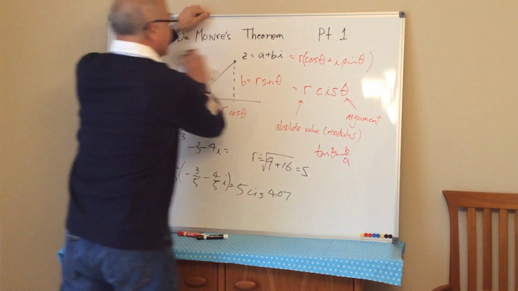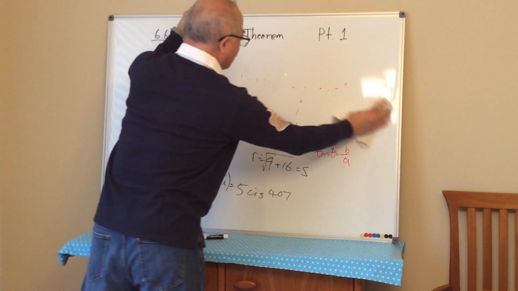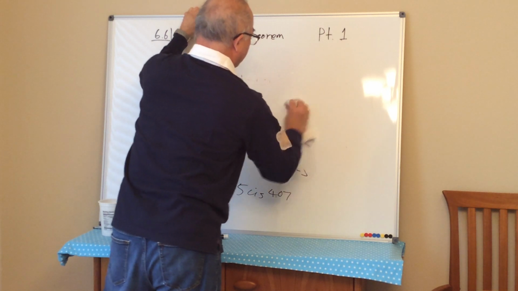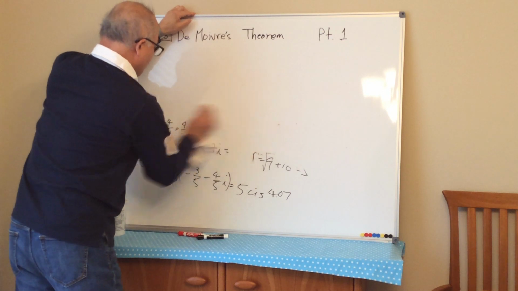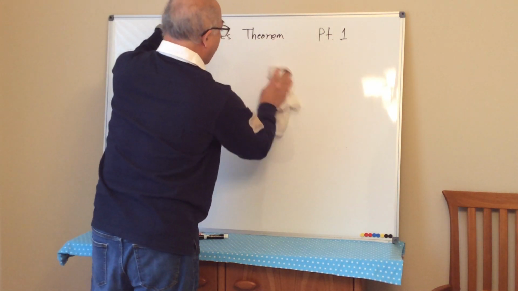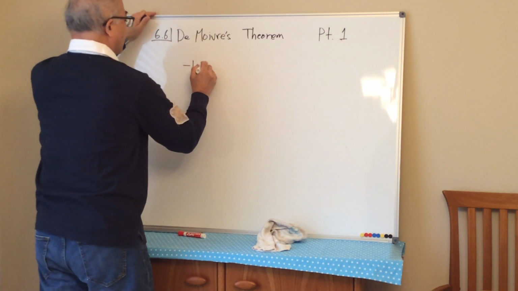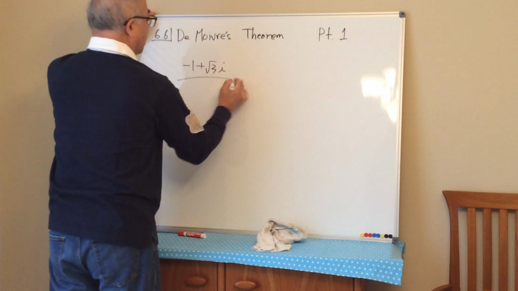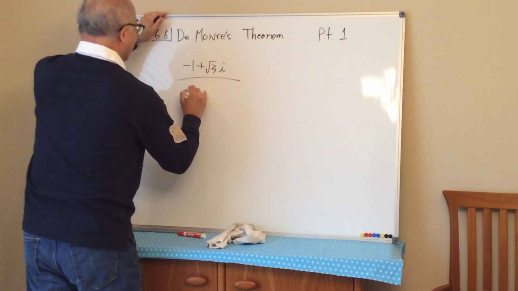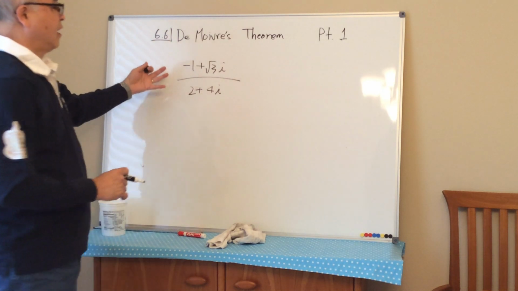The reason this comes in very, very handy is when you do multiplication or division of complex numbers. If you remember how we did those before, let's say I had 2 plus 4i and I want to divide this.